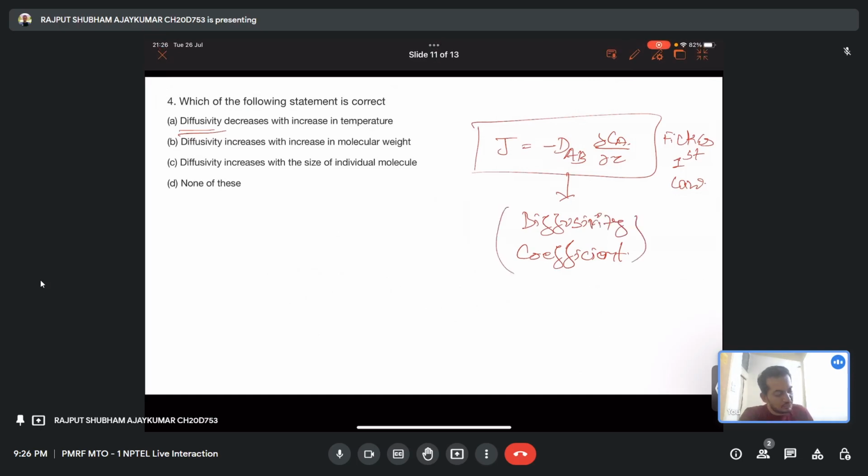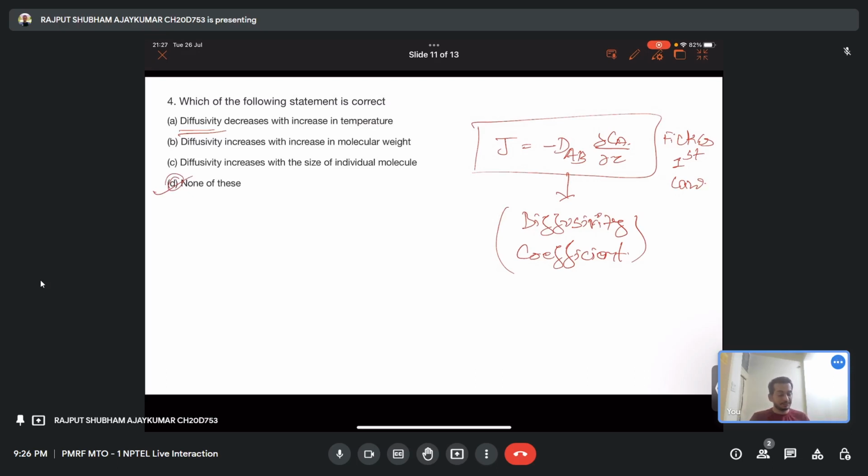Okay, so we can relate directly to this equation. The options say diffusivity decreases with increase in temperature, diffusivity increases with increase in the molecular weight, and diffusivity increases with the increase in the size of the molecule. If you look at this equation, there is no term which can relate the diffusivity with the given options. So the answer is none of the above. If you remember Fick's first law, you can directly solve this question.